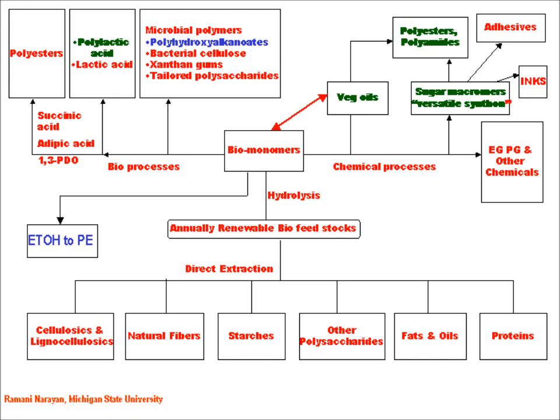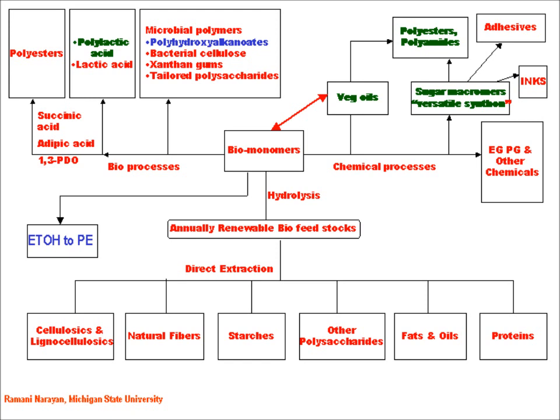But these are direct polymers, so you have to actually work with a cellulosic polymer or a starch polymer or a biopolymer. The other alternative, which is being proposed in a very big way, is to hydrolyze the renewable feedstock to form what I call biomonomers. These biomonomers, so basically sugar or glucose, which is what you form out of the carbohydrate feedstock, can be fermented by bioprocesses to give you things like succinic acid, adipic acid, 1,3-propanediol, and you can form polyesters.